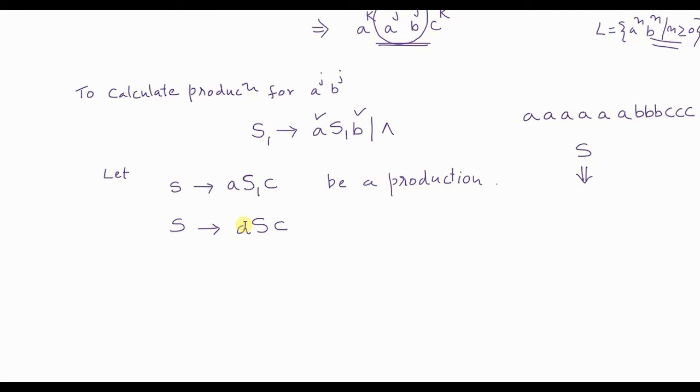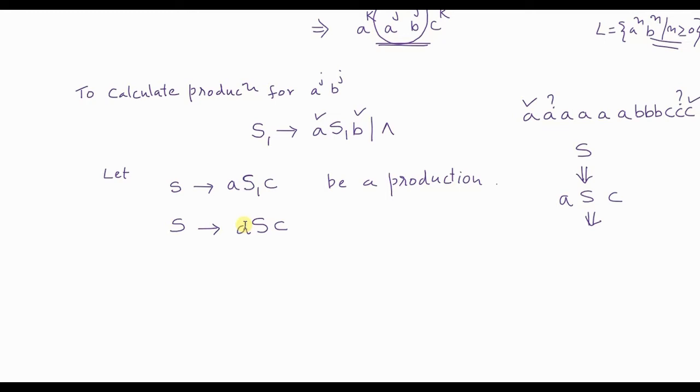So now I start. I will replace S with A, S and C. It will take care of this A and this C. One A, one C, it's taken care of, right? But you want another A and another C to be taken care of.